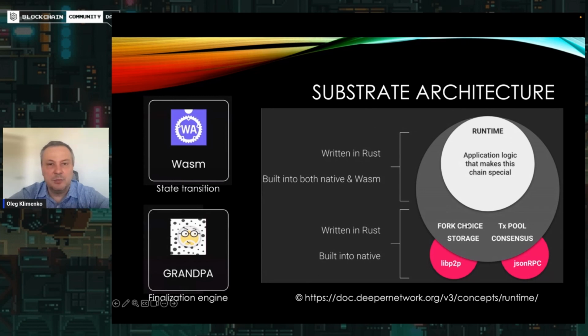And the blockchain could be updated without stopping any node. So no hard forking is needed in Substrate and in Polkadot. That's one of the key features here. GRANDPA is a finalization engine and is also one of the main things in the Substrate architecture.